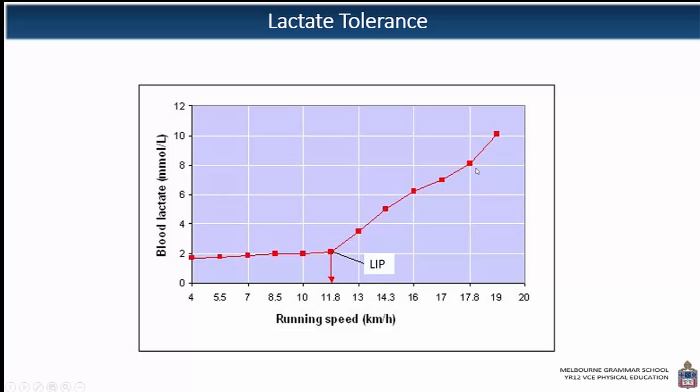The purpose for showing you this is to say that if the athlete is running at 17.8 or 19 kilometers per hour, they're going to have a blood lactate level that is far higher than what can be dealt with in a steady state. So their blood lactate is going to be higher than their lactate inflection point, and they're not going to be able to hold that intensity for a long period of time.